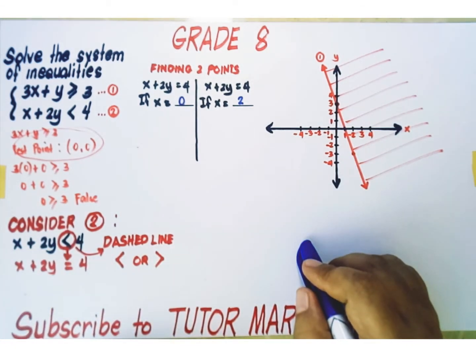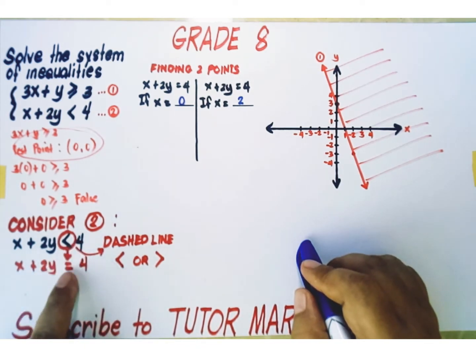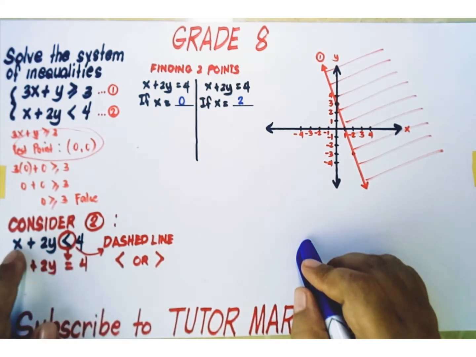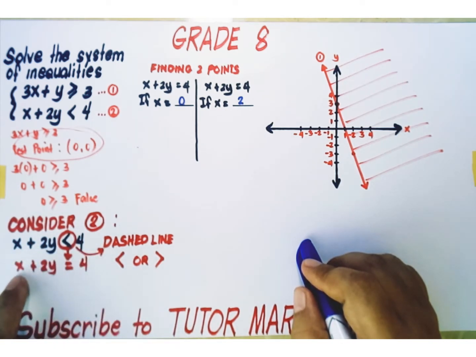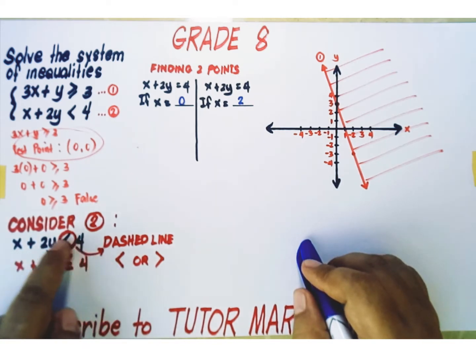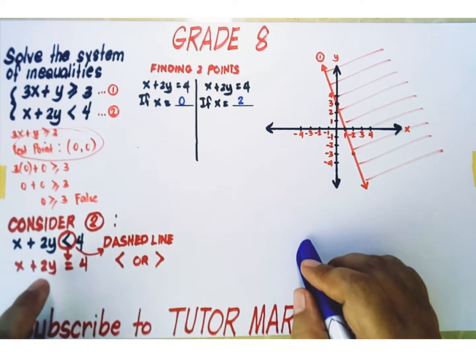Obtain the related equation by replacing the inequality sign with an equal sign. So from x plus 2y is less than 4, we have x plus 2y equals 4 as the equation of our boundary line. So we are going to graph this linear equation.